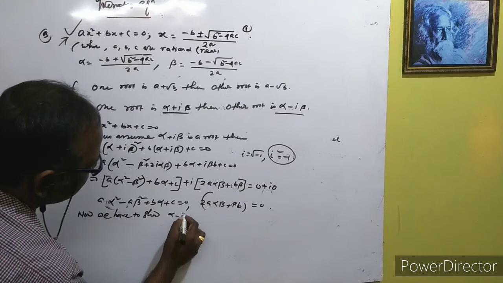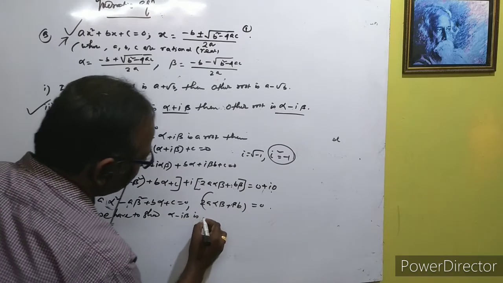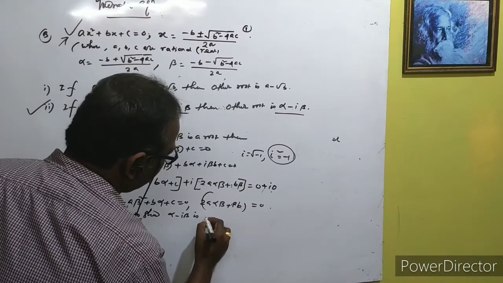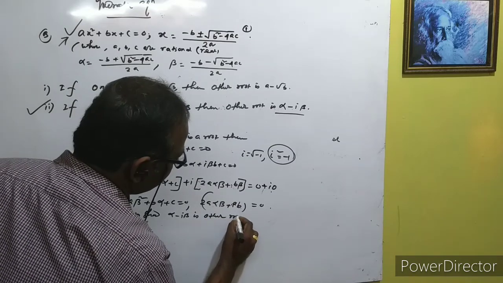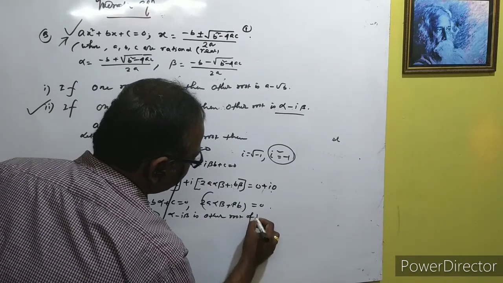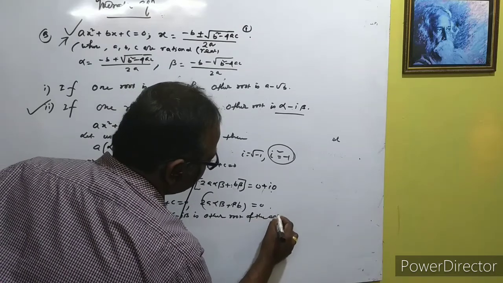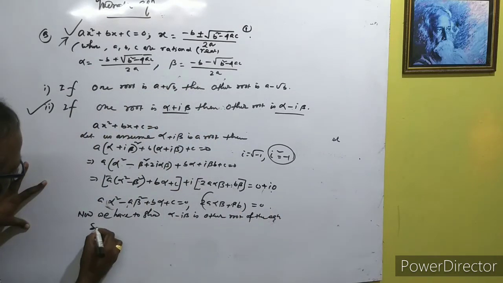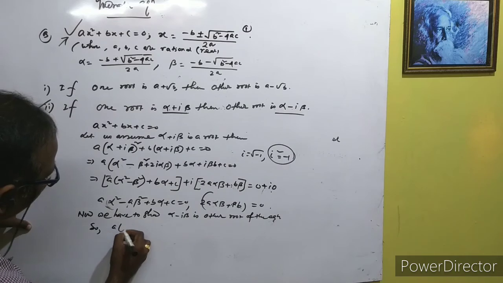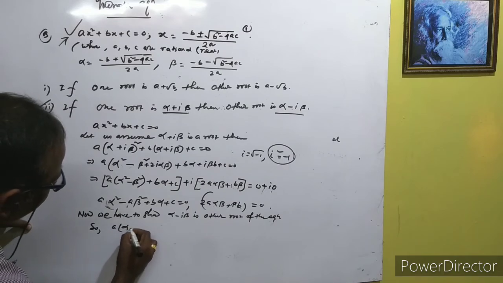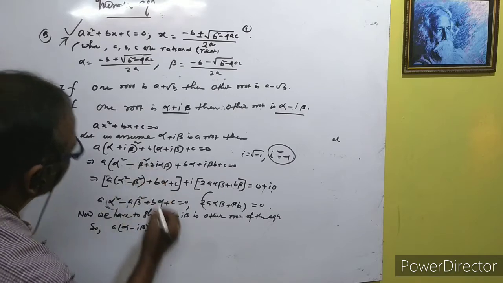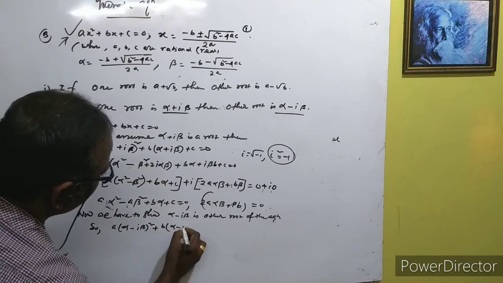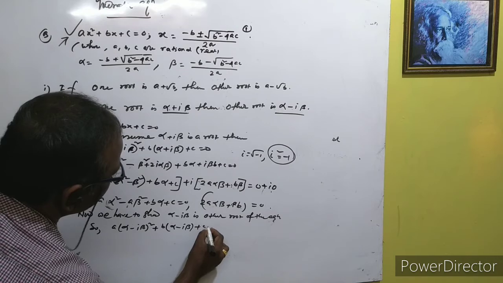So alpha minus i beta is the other root of the equation. So a times alpha minus i beta whole square, plus b times alpha minus i beta, plus c.